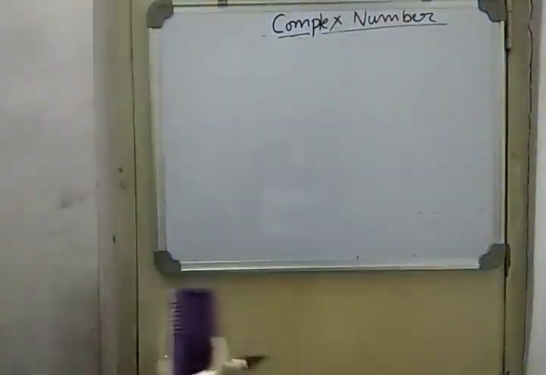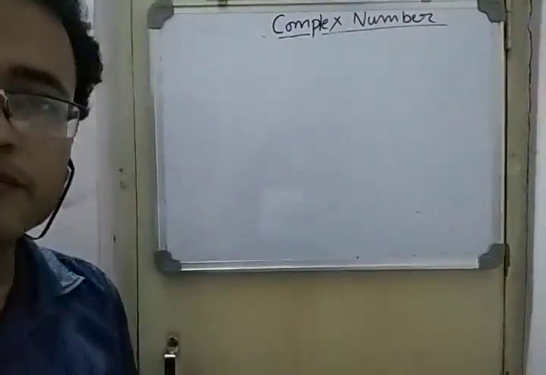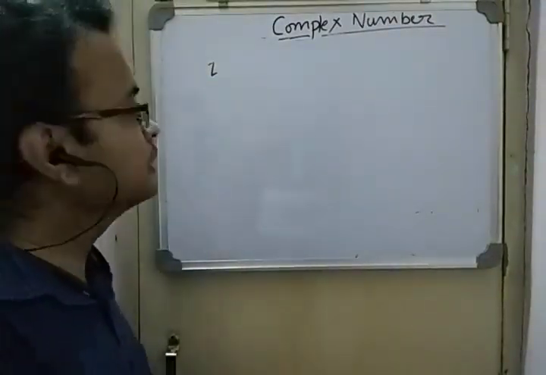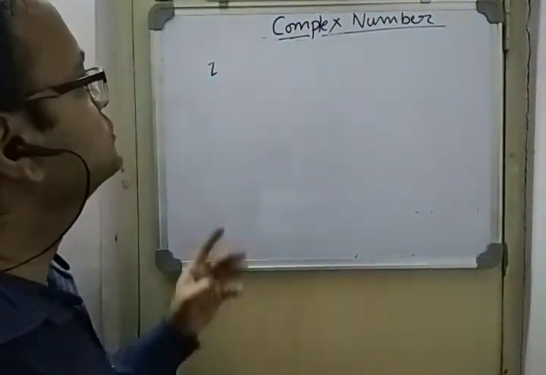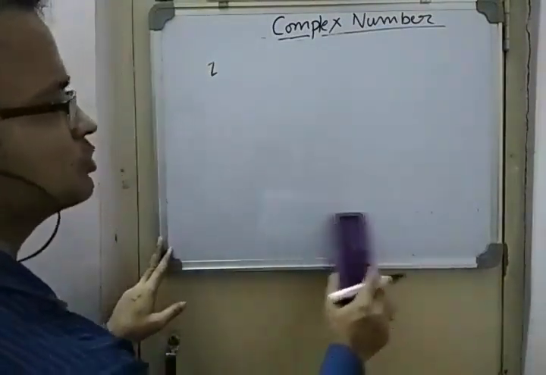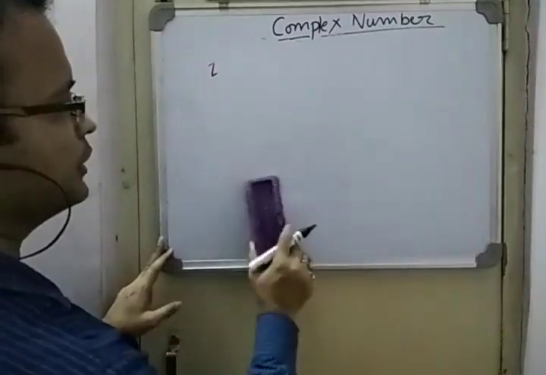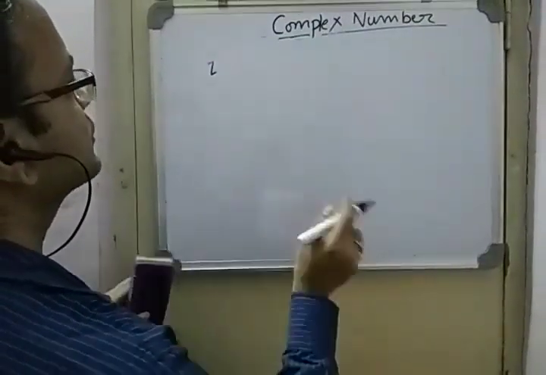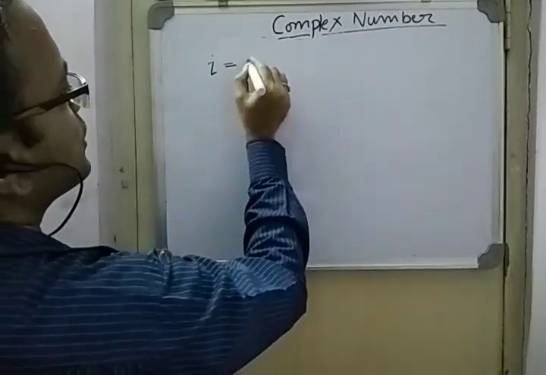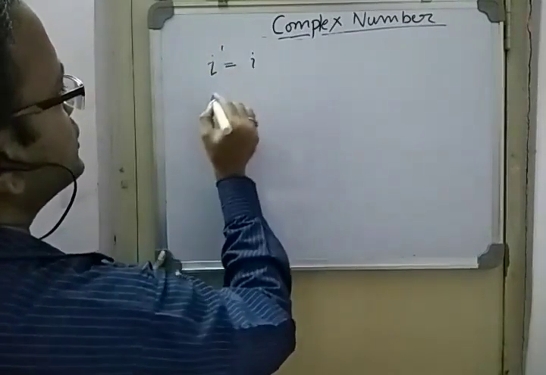Okay, I think we have covered the concepts enough. Let's take the problems in the next class. Before that, I forgot to discuss two more things, though it is already explained in a different way, but I want to be specific. I to the power 1 equals i.